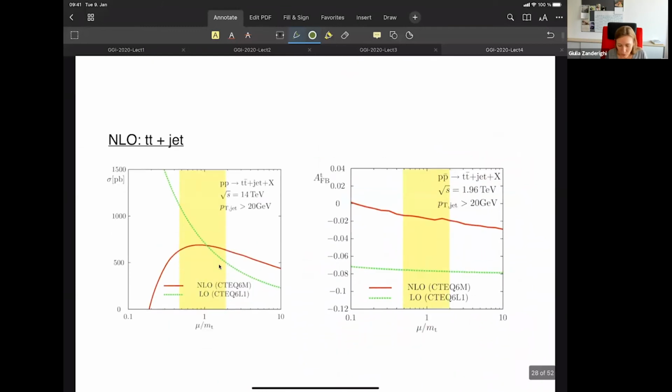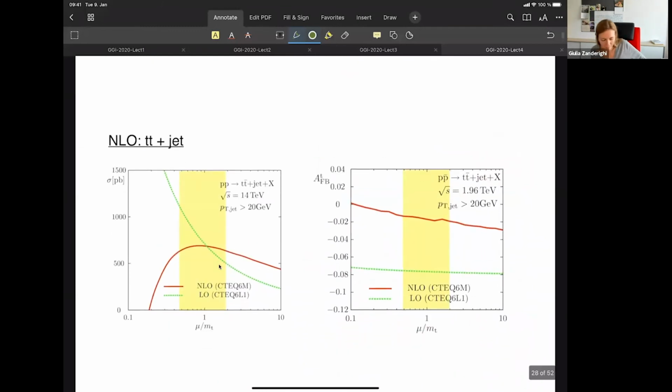I want to show this. These are kind of older plots, but they really illustrate this effect nicely. For instance, on the left, you see what happens if you do a scale variation on, now this is t t-bar plus jet. At leading order, you have this shape. This follows the running of the coupling, obviously. Next to leading order, you get, again, this kind of typical shape, this flattening out here.